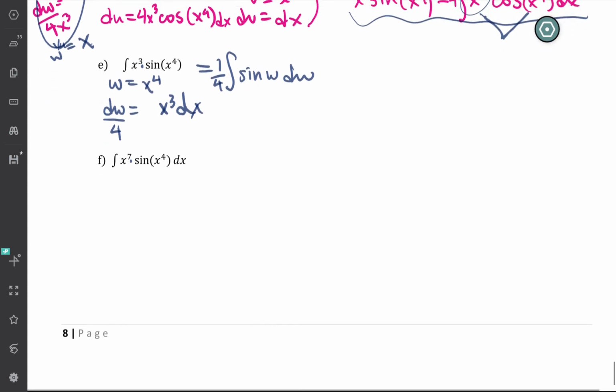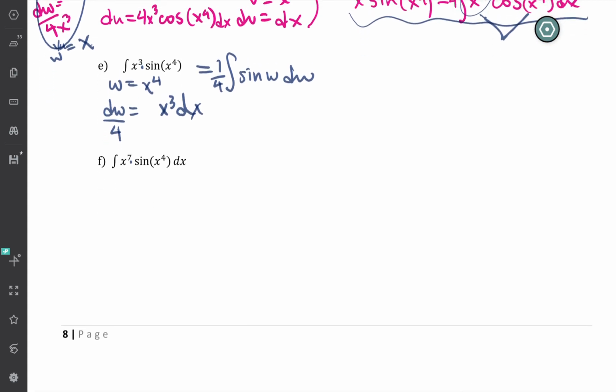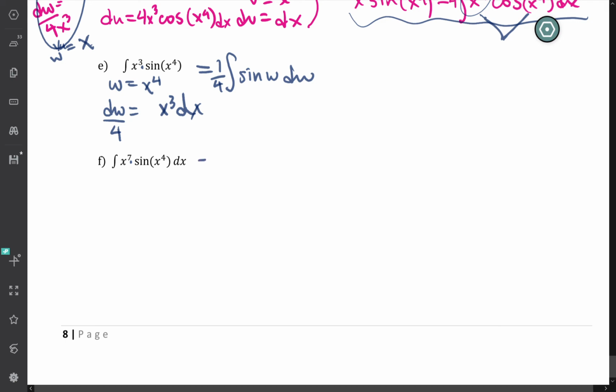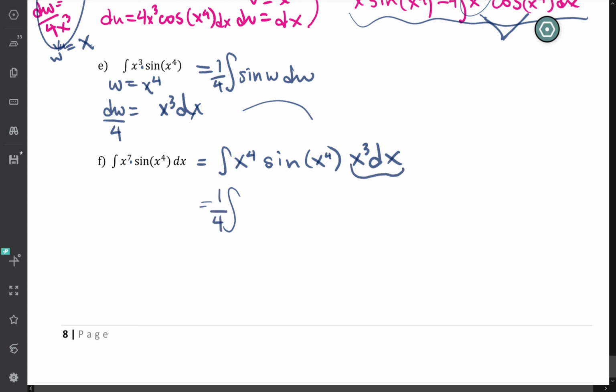F is another one where substitution won't immediately turn it into a basic function, but it does greatly improve the situation, because if we look at this and we say, okay, well, let's separate out 3 of those x's in the front, and we can use the exact same substitution from above, and that will turn it into this x cubed dx becomes a dw over 4, so there's our 1/4, and this is our dw.